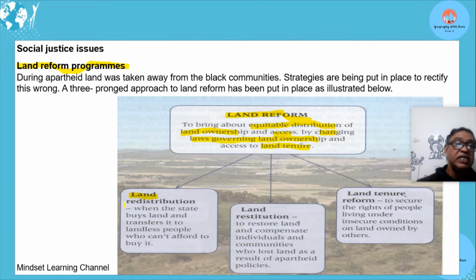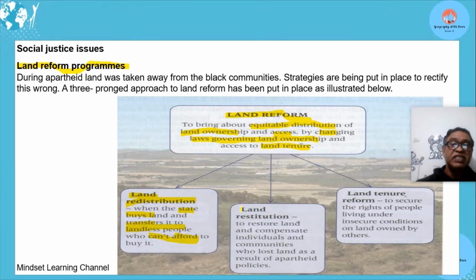It's land redistribution. Now, what is that? It is when the state buys land and transfers it to landless people who cannot afford to buy it. Can you see that? That's land redistribution. The state is buying the land and giving it back.